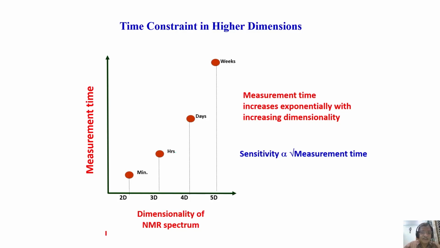In fact, you can do 1D NMR in a fraction of a minute now. In less than a minute, you can get a spectrum because sensitivity is much better compared to olden days in the present day spectrometer.